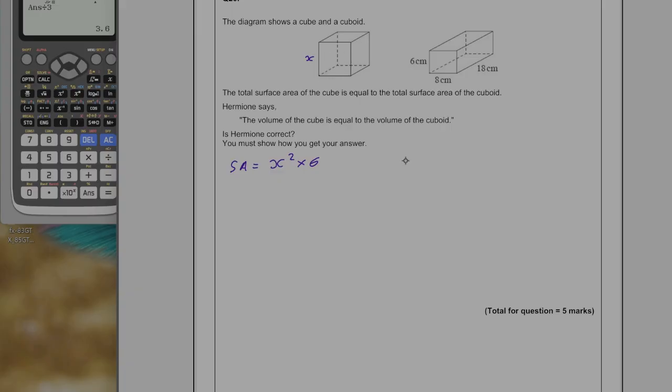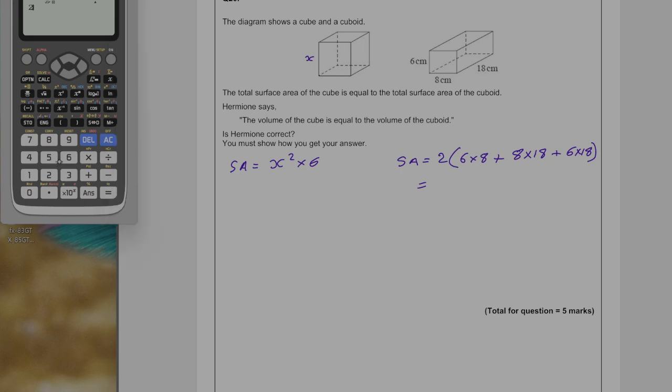The surface area of the cuboid is going to be equal to 2 lots of 6 times 8 plus 8 times 18 plus 6 times 18. So that will give you the front and the back, the bottom and the top, and then the left and the right. And 2 lots because we've got 1 of each. So we'll go to our calculator for that.